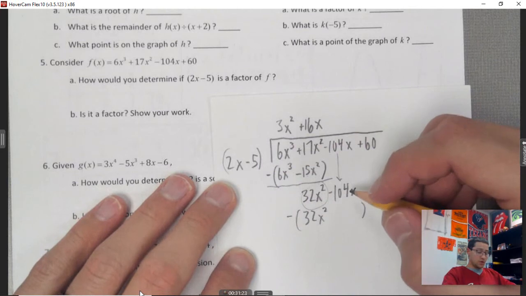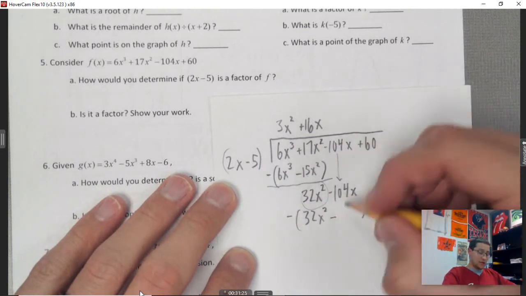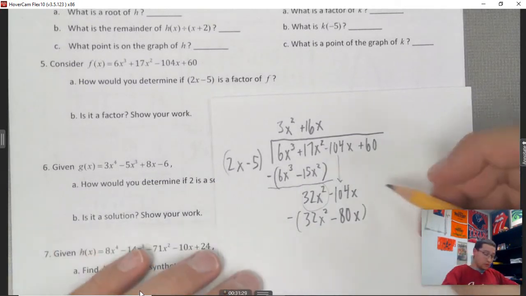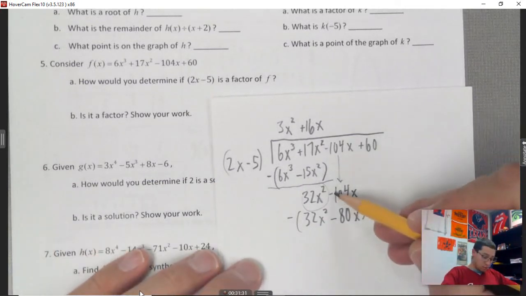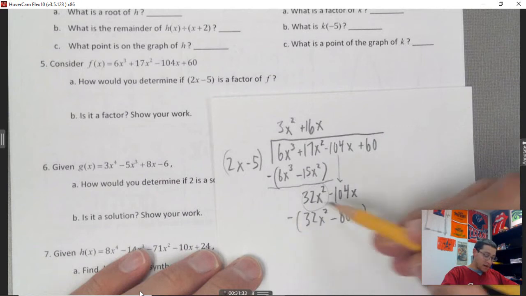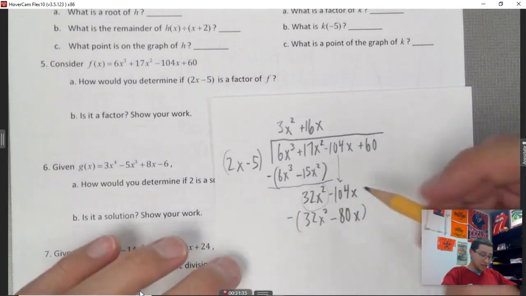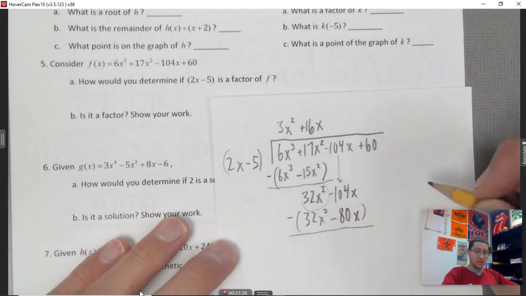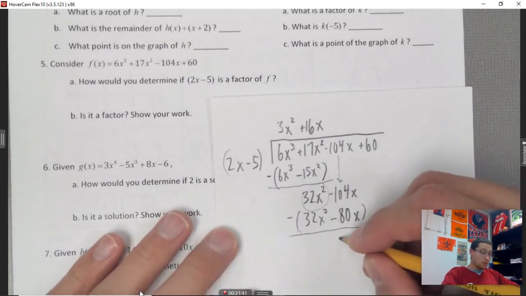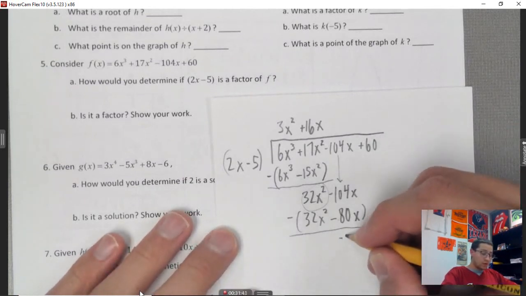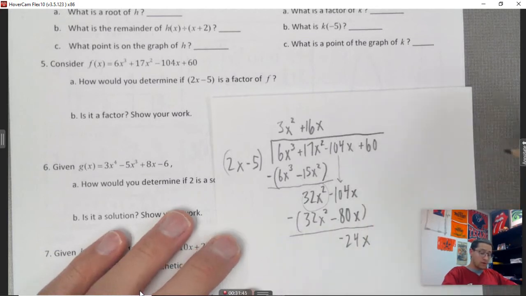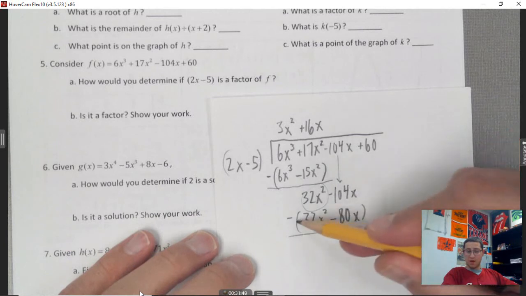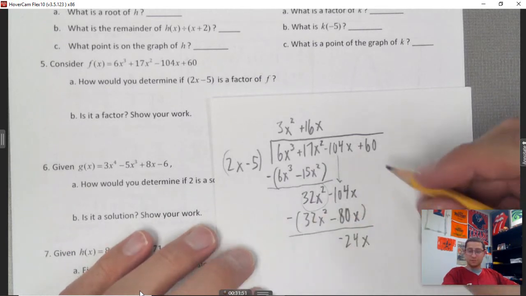All right, same thing. Multiplying in here, I get 32x squared, 16x times that. Ooh, big number. That should be negative 80x. Okay, and negative 104x minus negative 80, so that's like negative 104 plus 80, which should get me negative 24x, because that's a really big negative number. We're adding back some of it, not all of it.